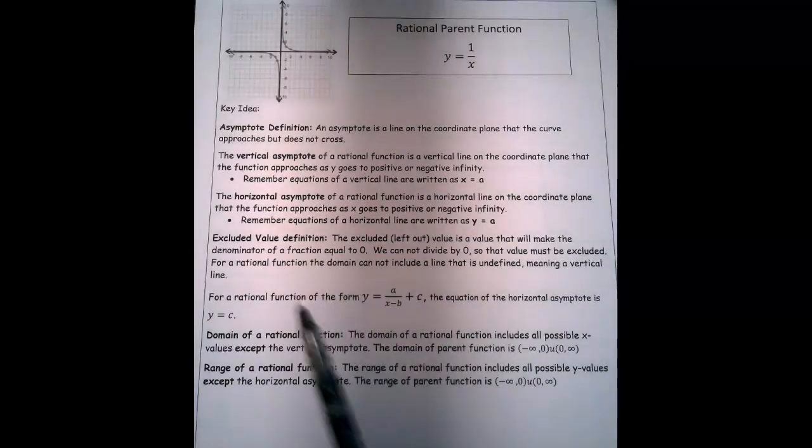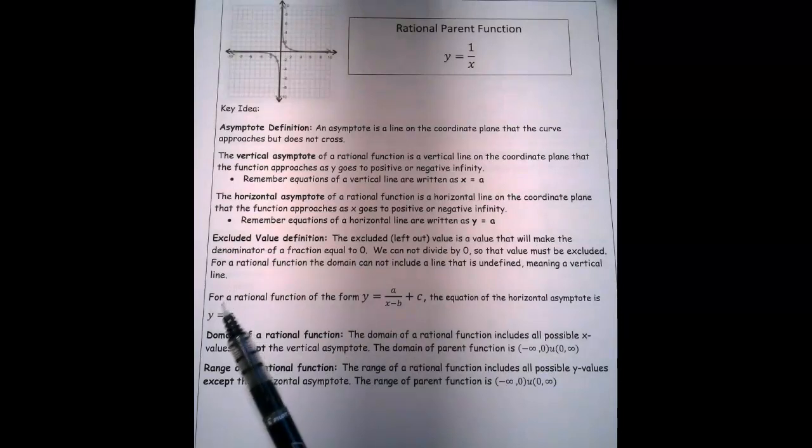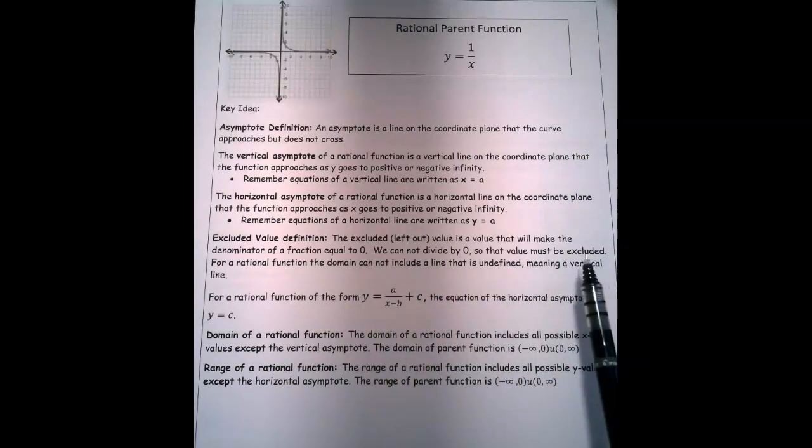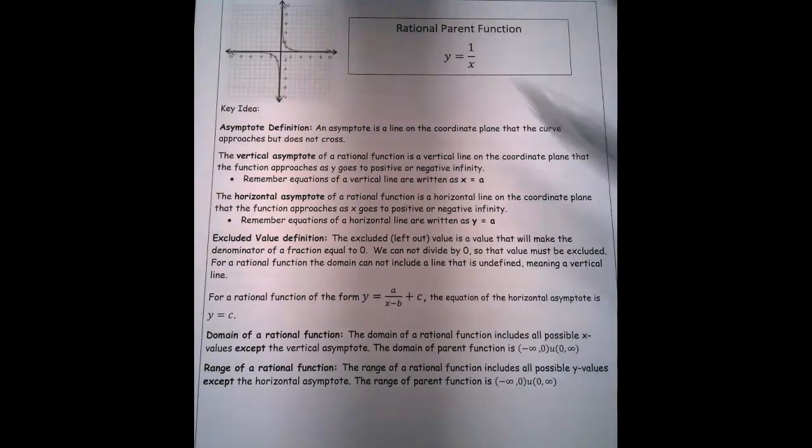Now we also have a term that we're going to be using called excluded value. The definition of that is basically a value that's left out. We know that we can never divide by 0, and we see that this is a fraction. So we can see that this bar here makes the equation look like a fraction. It also means division, and we can never divide by 0.